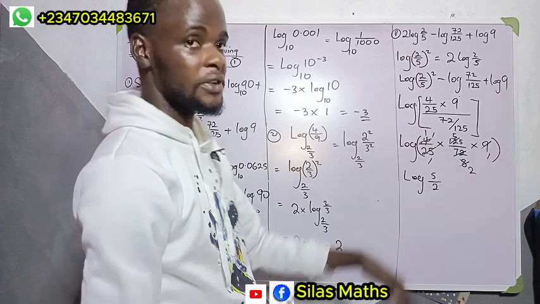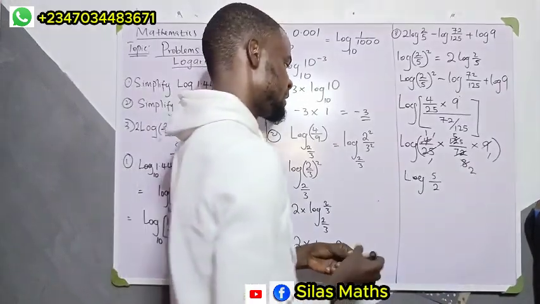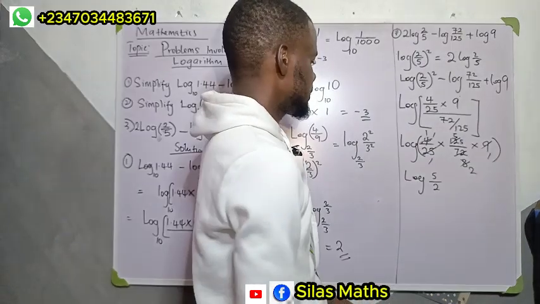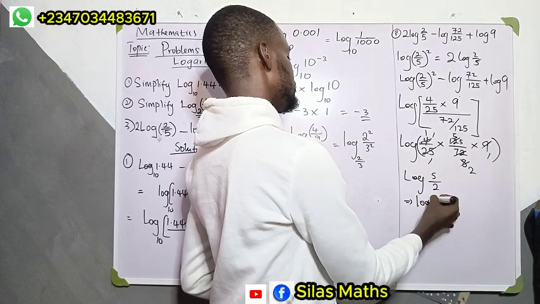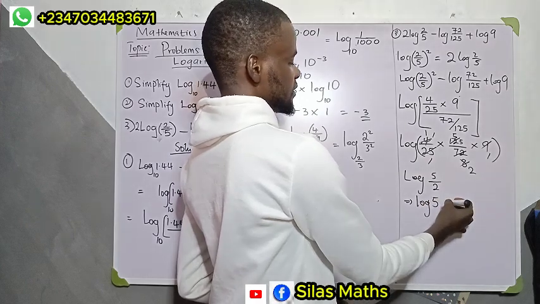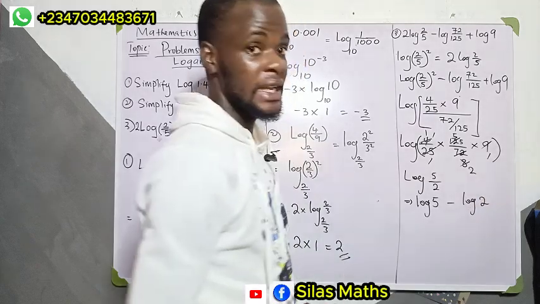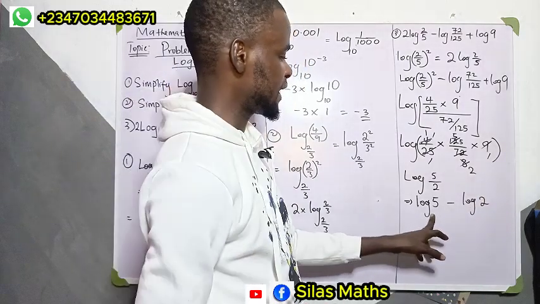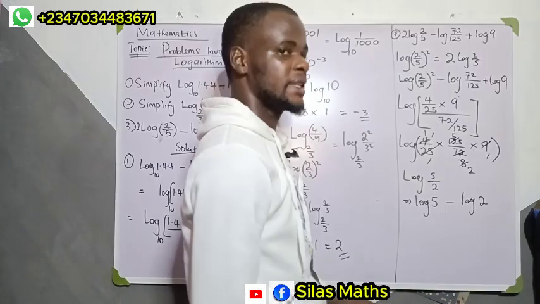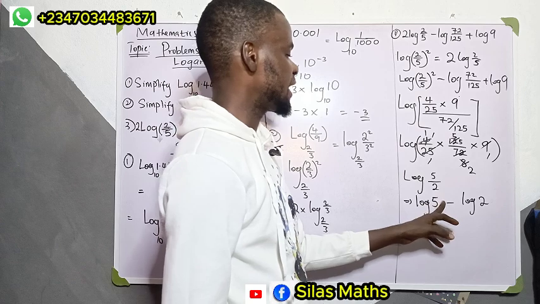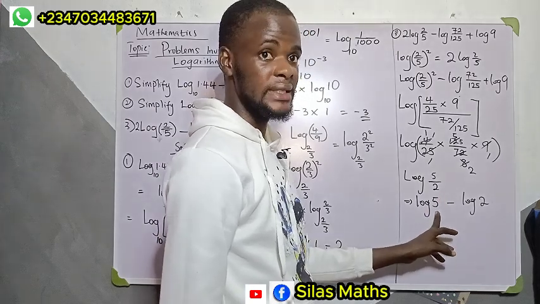So solving this further, we can actually express this in the other way around by saying that this is the same thing as logarithm of 5 minus logarithm of 2. And remember that the bases are all 10. This is base 10, base 10. And you can also attest to me that 5 is the same thing as 10 divided by 2, right?